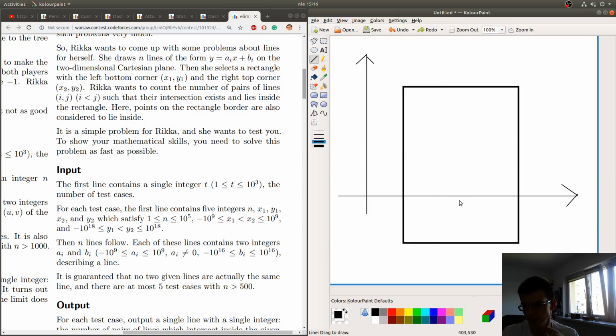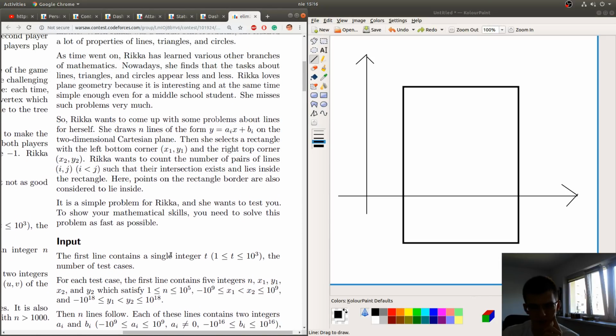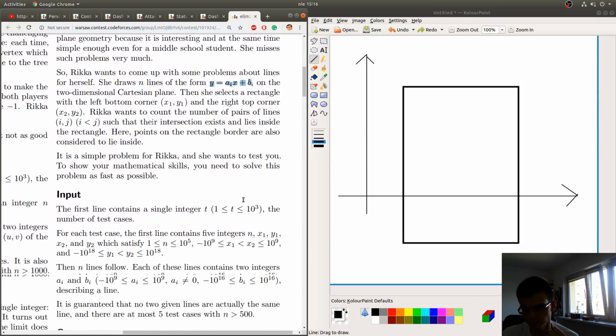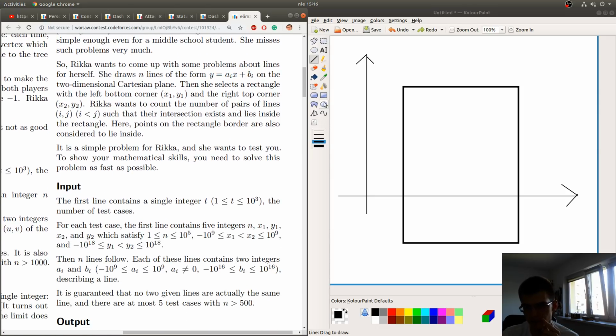So it's a nice rectangle, and we are given n lines. Each line has the form y equals ax plus b for some given a and b. So lines are like this.